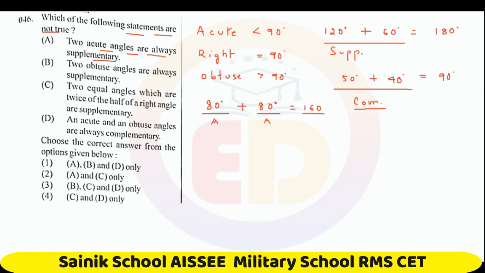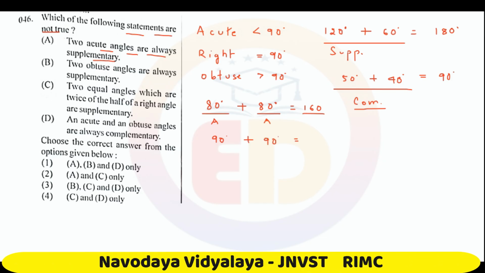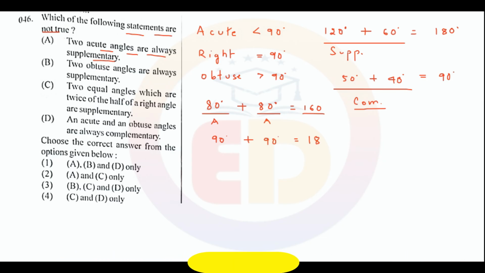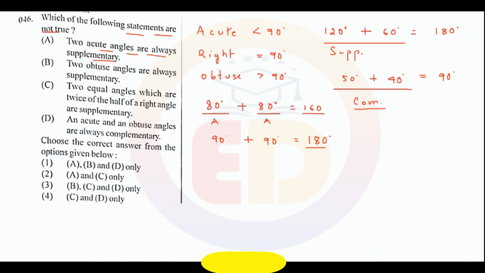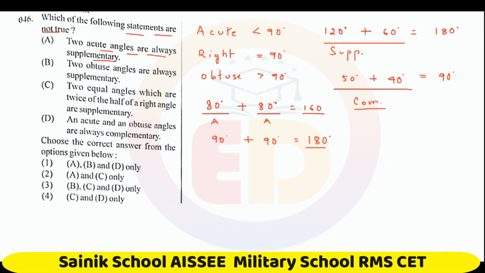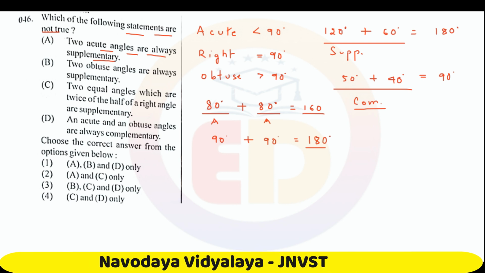Now do not take 90 degrees plus 90 degrees and say that it is coming to 180. 90 and 90 are not acute angles, they are called right angles. So whatever is the case, if you are taking two acute angles, the sum can never be 180. It will always be less than 180, so it can never be supplementary.